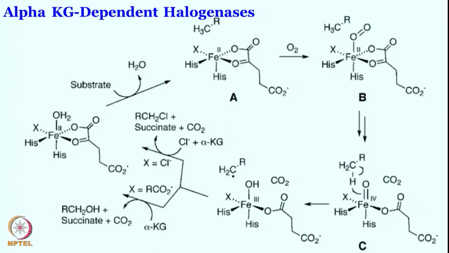What we have seen is that this alpha ketoglutarate can form an iron oxo intermediate very interestingly and very simply, which can then go on to react with the substrate to give you the substrate hydroxylation product.